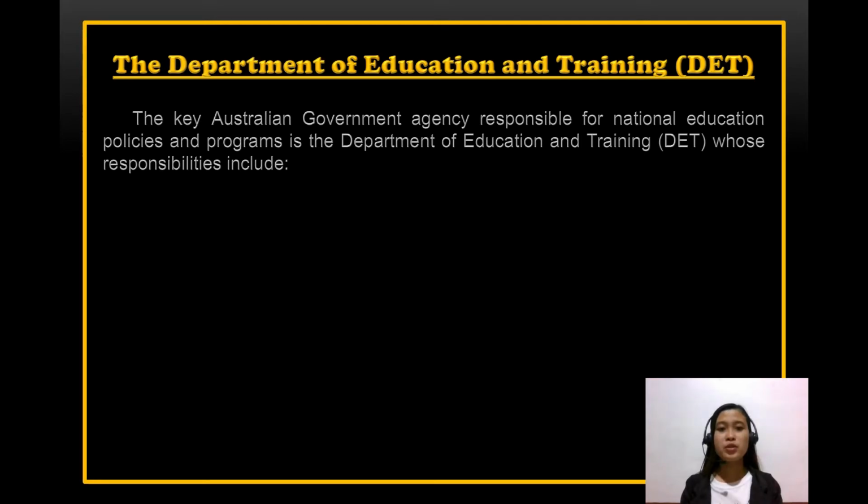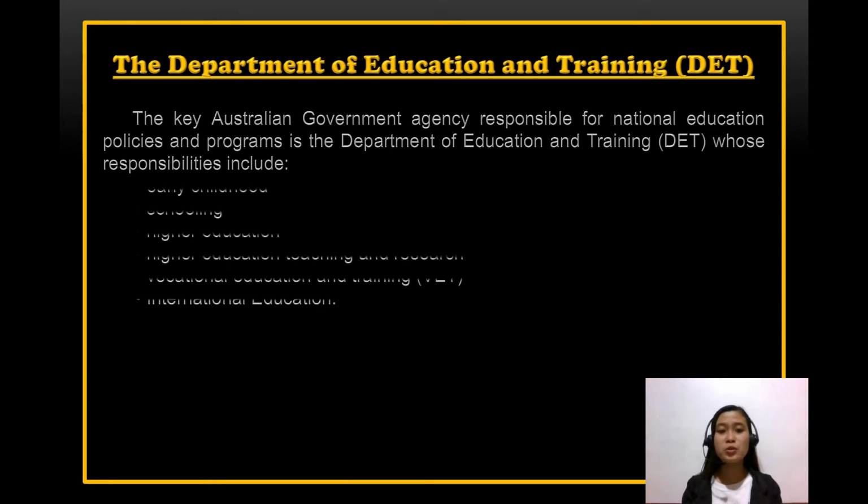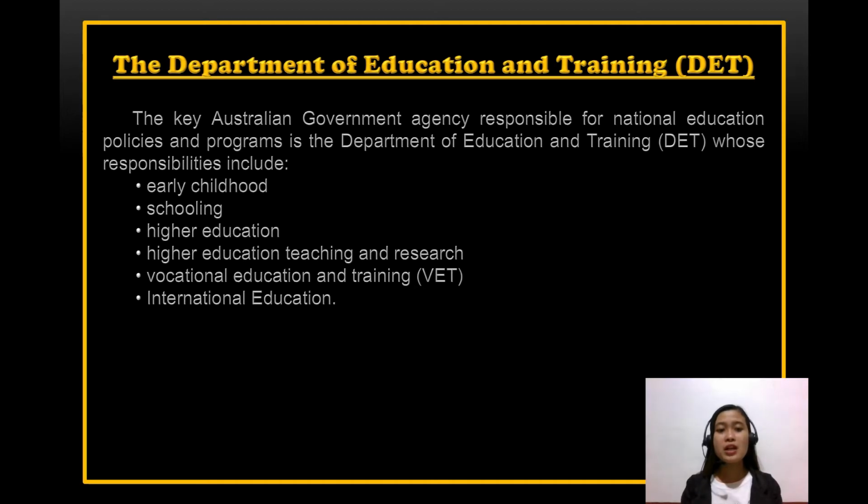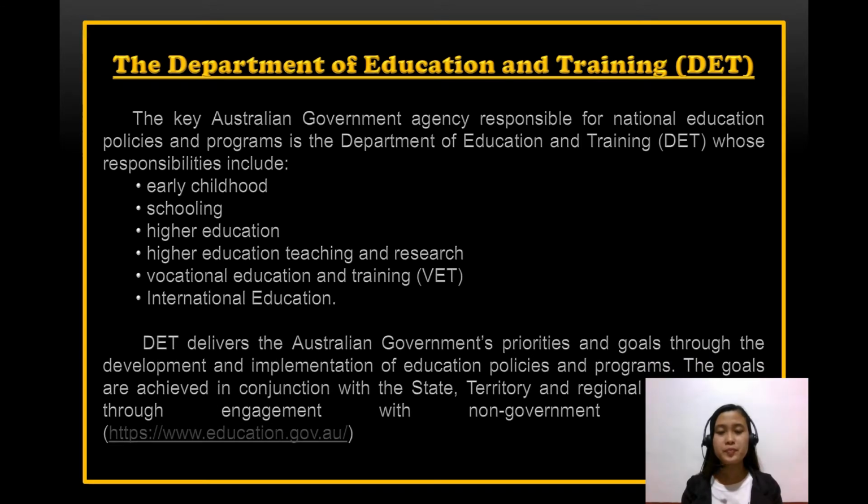The Department of Education and Training or DET. The key Australian government agency responsible for national education policies and programs is the Department of Education and Training, whose responsibilities include first, early childhood, next, schooling, higher education teaching and research, vocational education and training or VET, and international education.